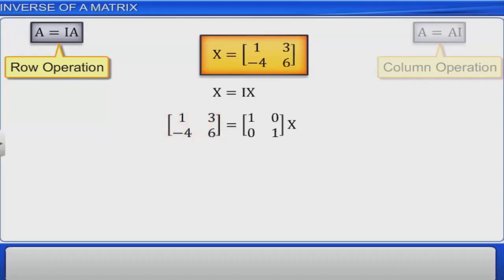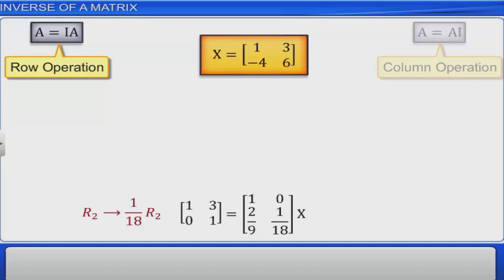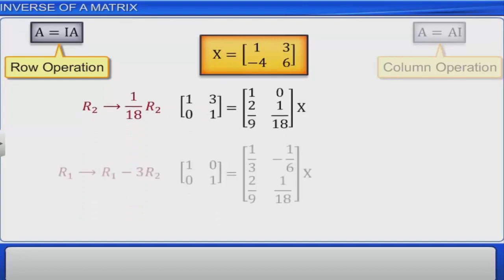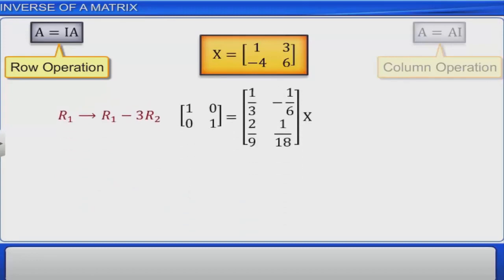The operations are as shown. Therefore, the inverse of matrix X is as shown.